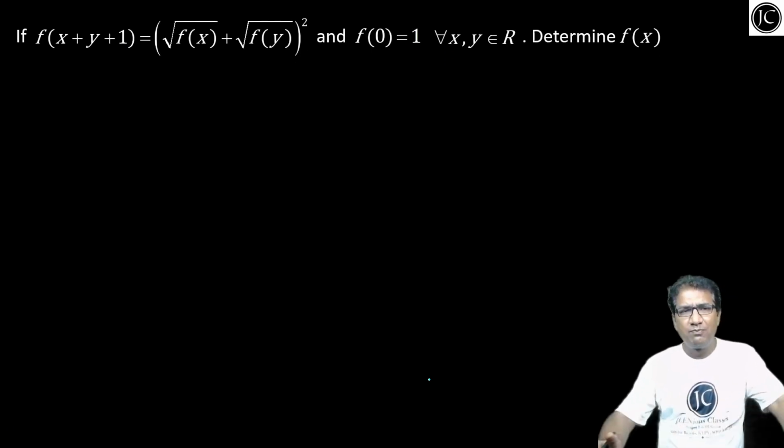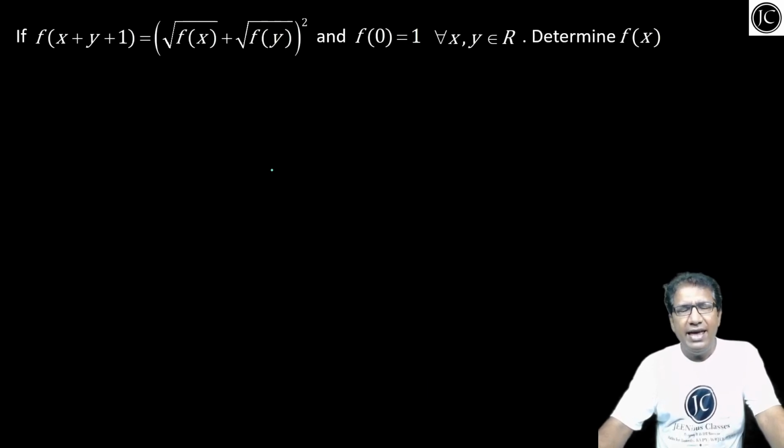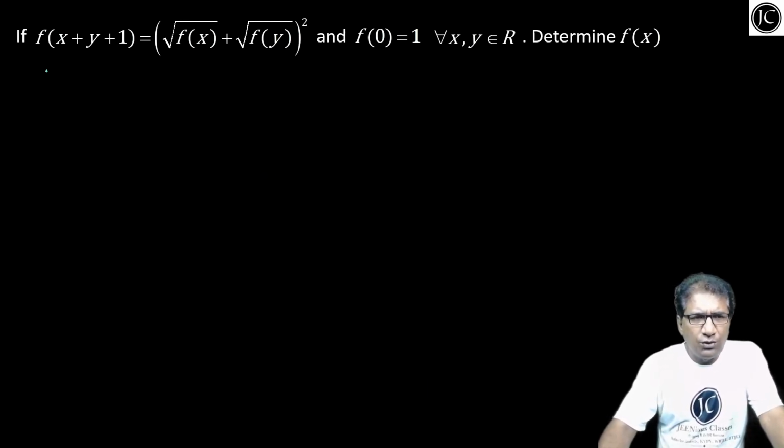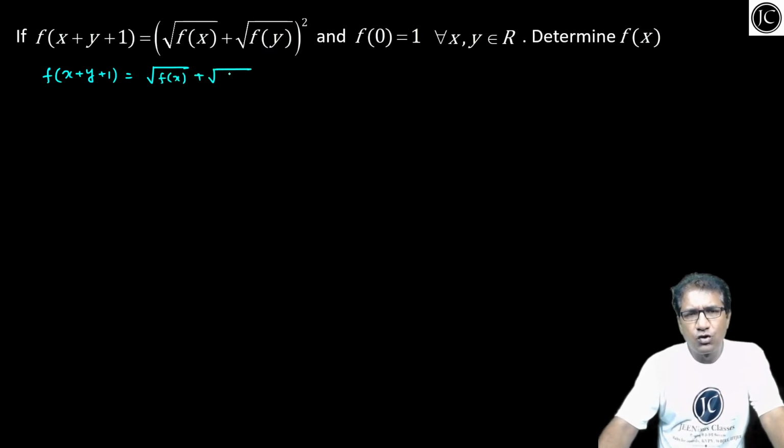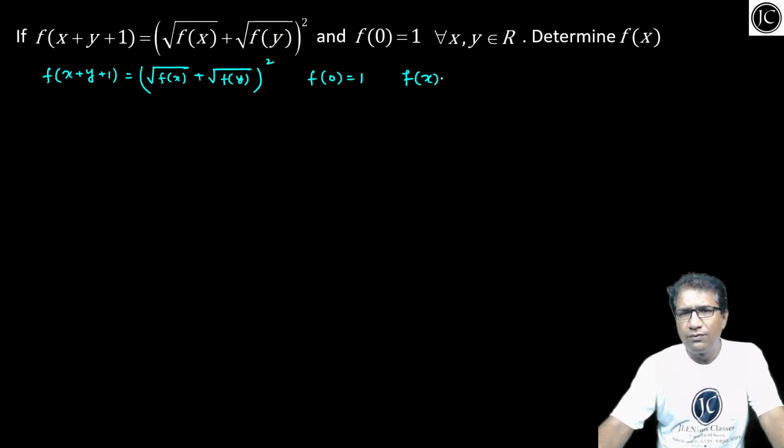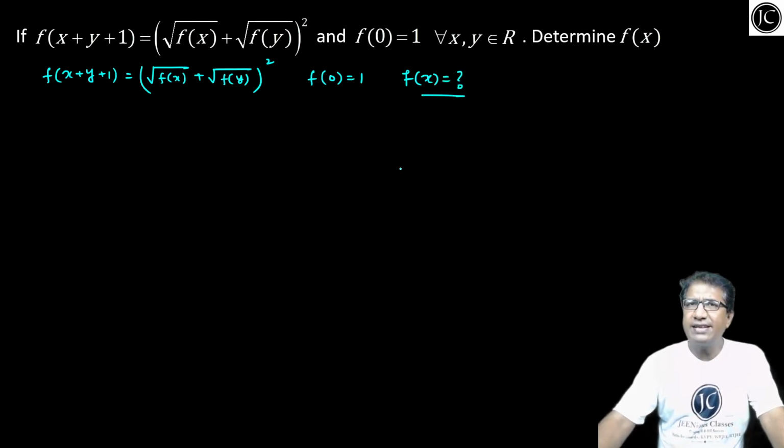नाउ सी दिस प्रॉब्लम. यहां पर बोला है f of x plus y plus 1 is equals to root over of fx plus root fy whole square. और दिया हुआ है क्या? f0 is 1 and we have to find out fx क्या है.